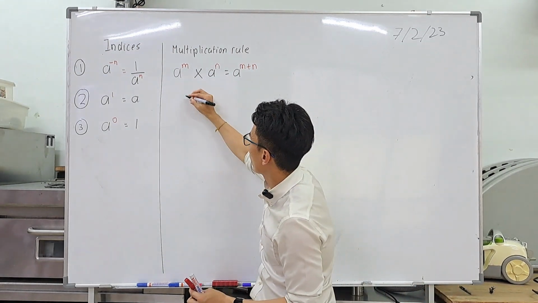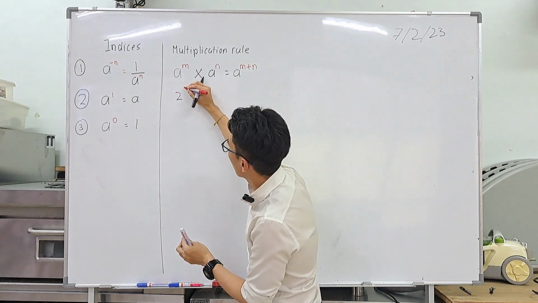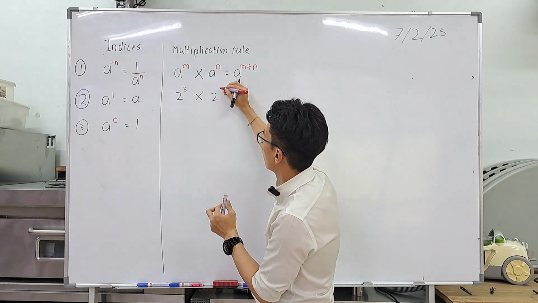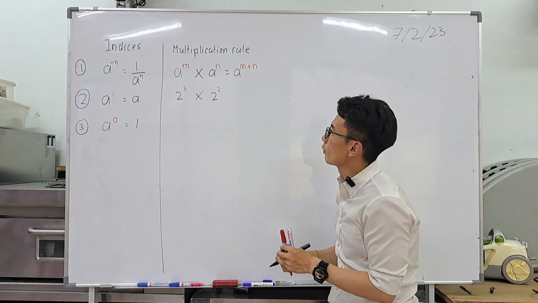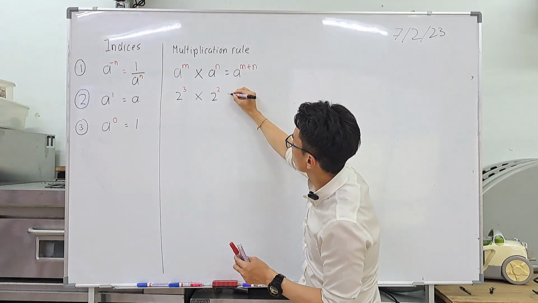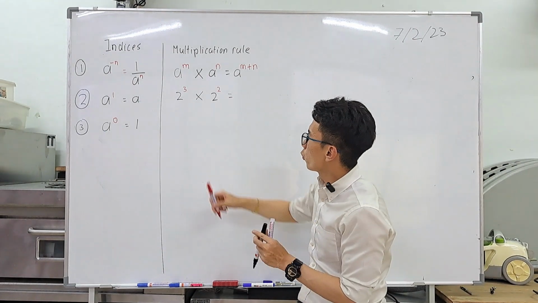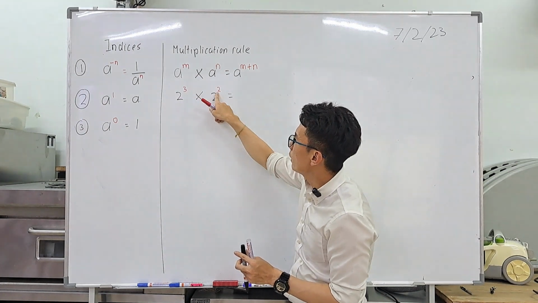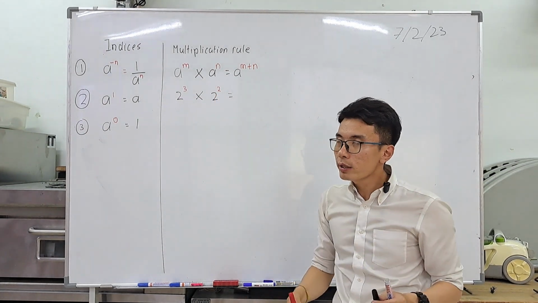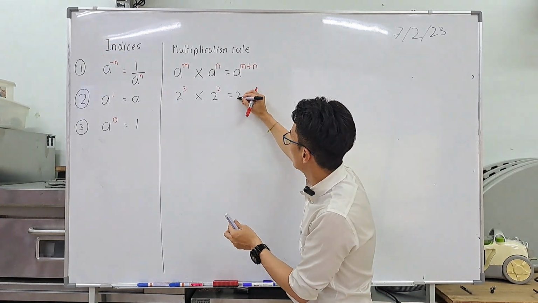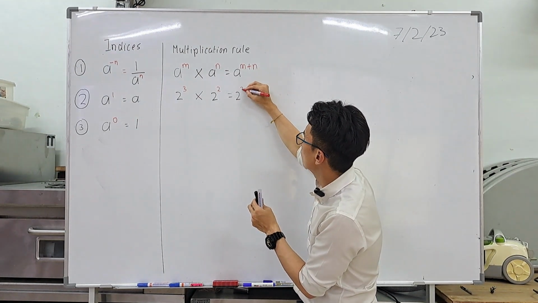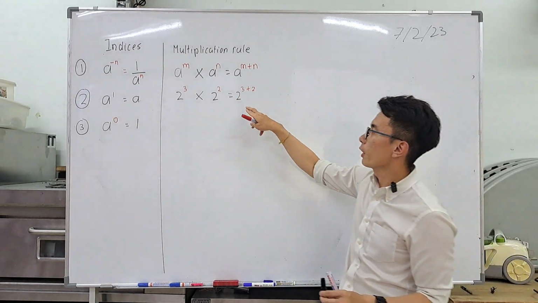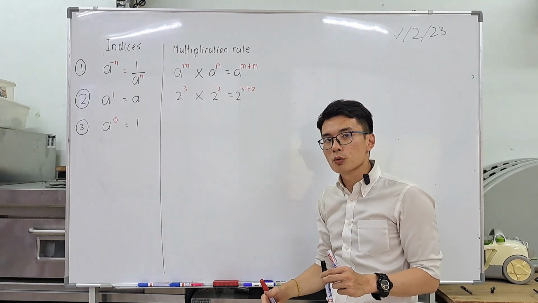Let's say I have 2 to the power of 3 multiplied by 2 to the power of 2. Since the base is the same, we can add the powers together. So I can rewrite this as 2 to the power of 3 plus 2, based on the multiplication rule.